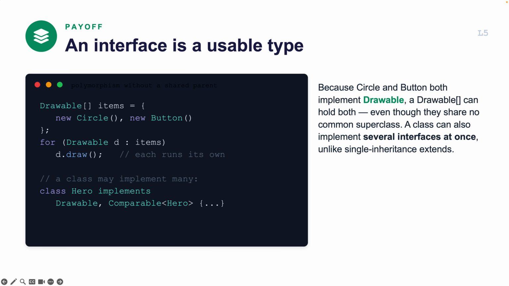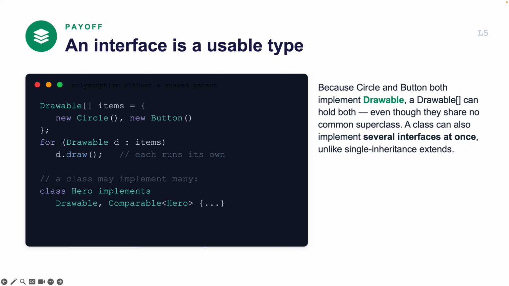Here's the payoff, and it should feel very familiar. An interface name is a real type you can use for variables, parameters, and arrays, just like a class. So you can have an array declared as the interface type and fill it with objects of completely unrelated classes, as long as each one implements that interface. Then you can loop and call the contract's method on every element, and each object runs its own version through dynamic dispatch.